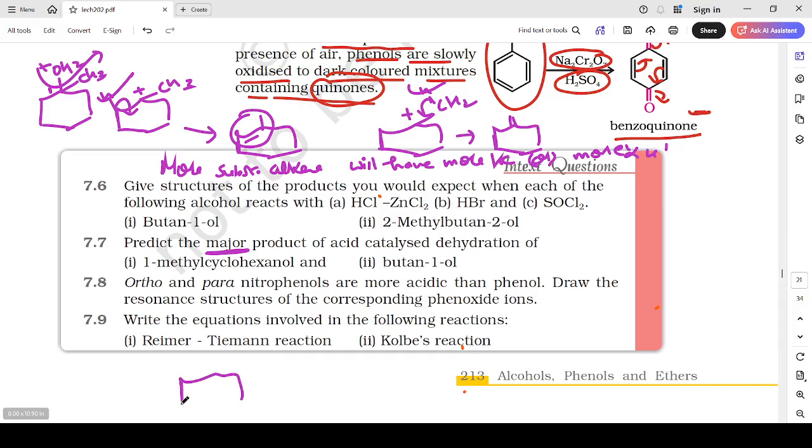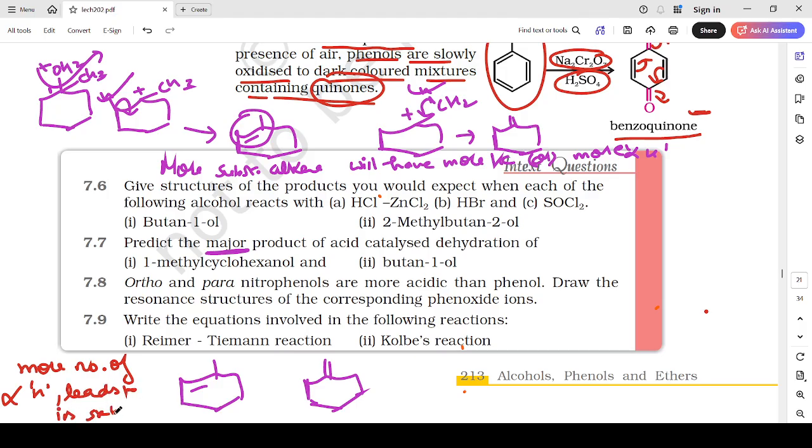But why is this not as stable? I don't get it, ma'am. Here, when you talk about the stability order of the alkene, that alkene which has more alpha hydrogens leads to its stability. That means that one will have a lot of hyperconjugations.